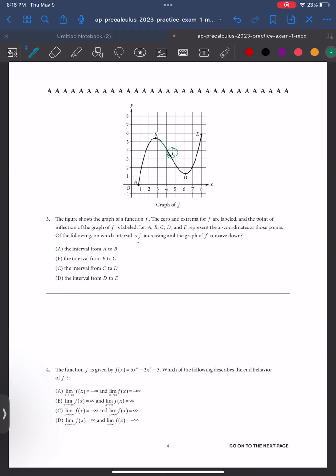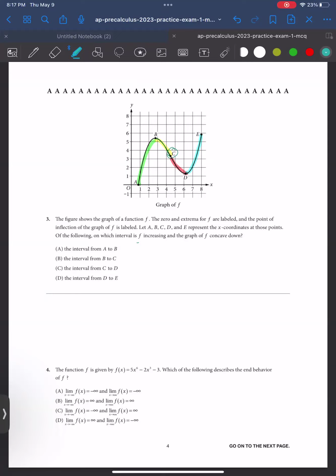So we're saying from A to B, then B to C, C to D, and D to E. So where is it increasing and concave down?